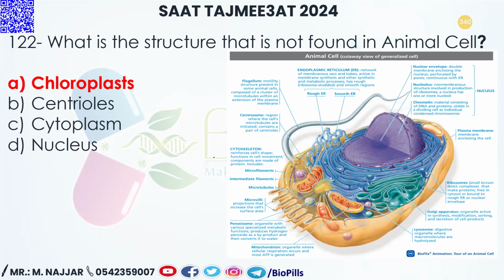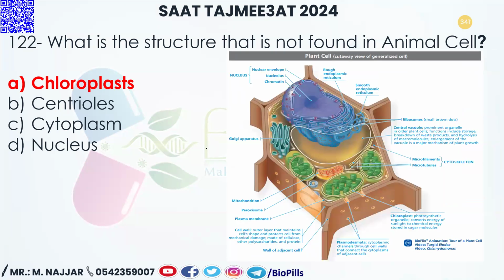Also, there is no central vacuole in the animal cell. While animal cells have centrioles, which are not in the plant cell. Also, animal cells have lysosomes, which are not in most plant cells. These are the basic differences.